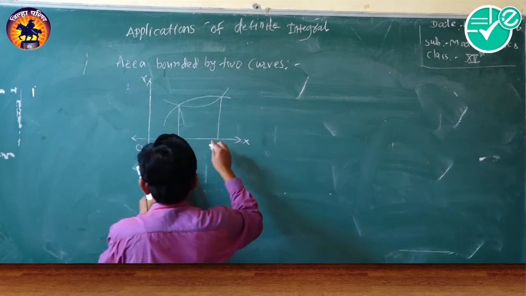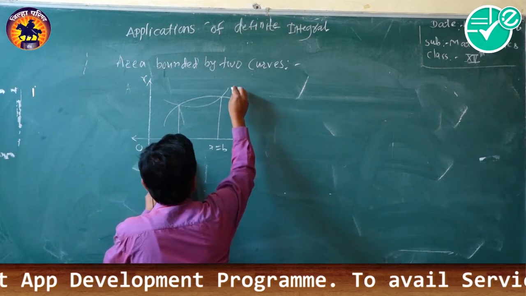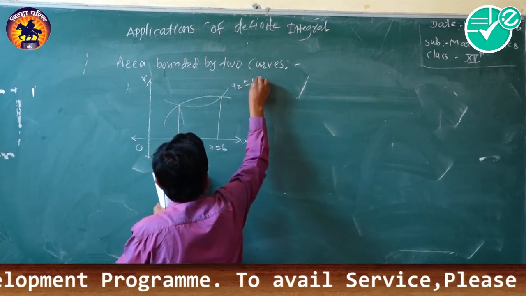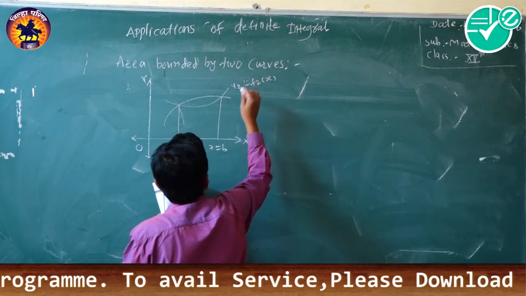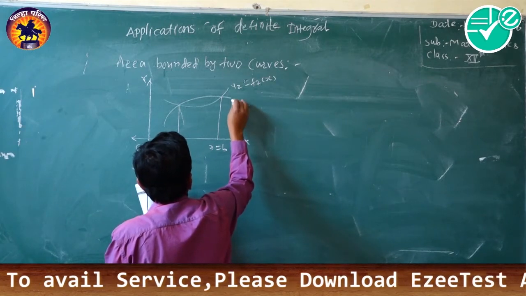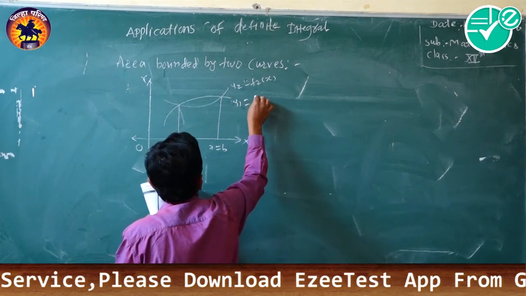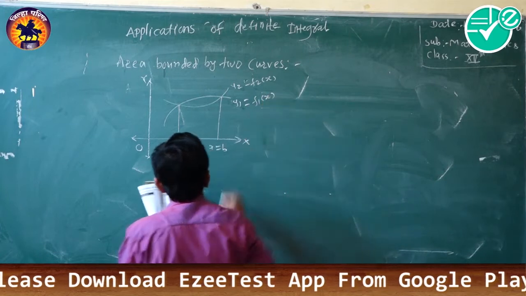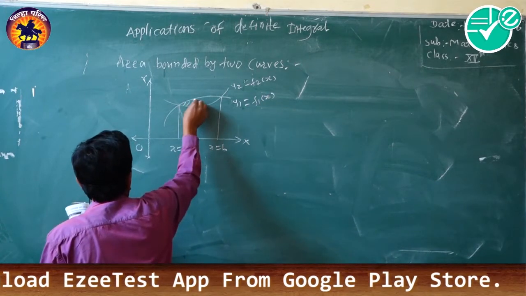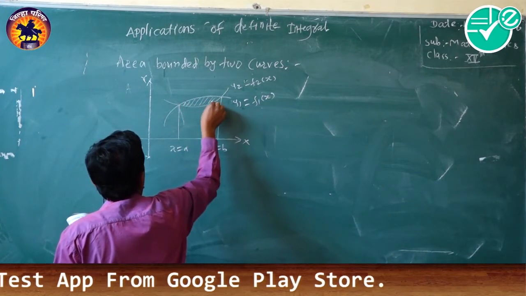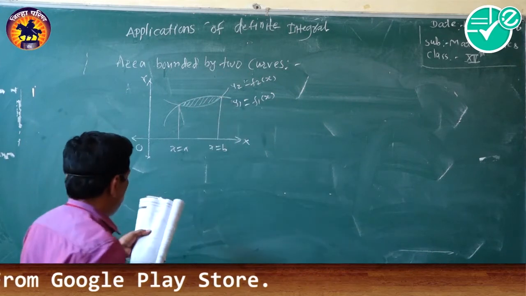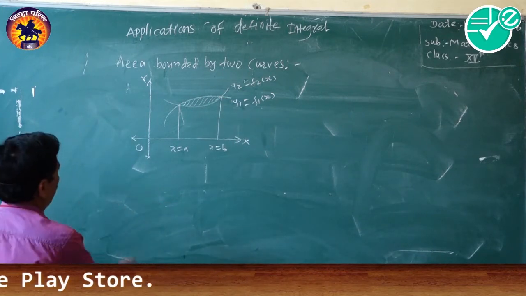Now the equation of this curve is y2 is equal to f2 of x, and the equation of this curve is y1 is equal to f1 of x, and we have to find the area between these two curves, and this can be found out.